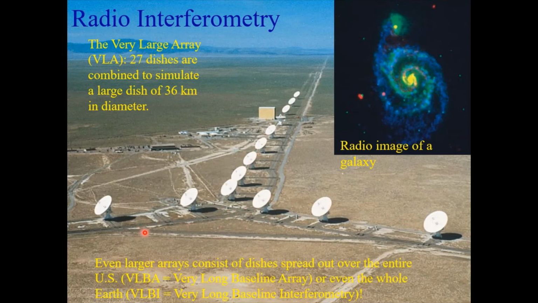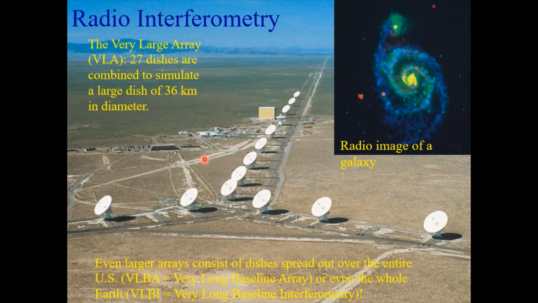Notice you might be able to see in some of these pictures cars on the road here, but these are large dishes, and they can be combined electronically to simulate a single radio telescope dish that's 36 kilometers in diameter. That's about 20 miles. So these can be moved apart a total distance of something like 20 miles.